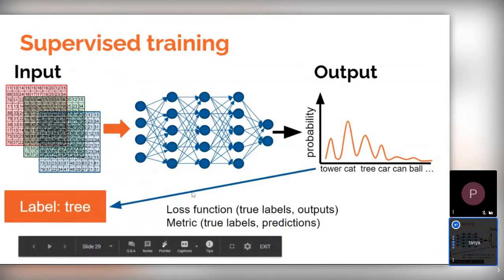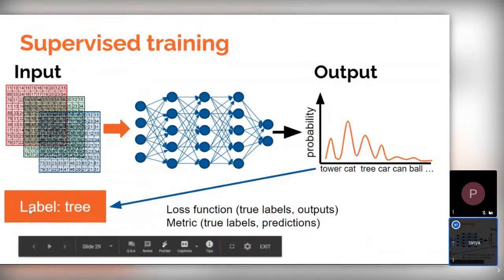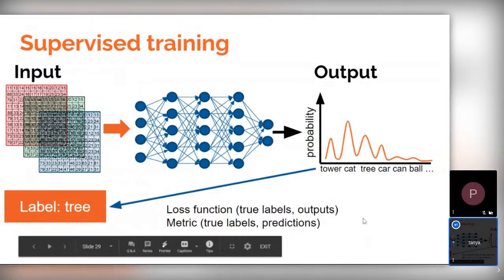The loss function is bigger when the mismatch between your output and the label is bigger. So what you really want to do is to minimize the loss function. You want to tune the parameters of your neural network in such a way that the output will correspond to the true label for many images.